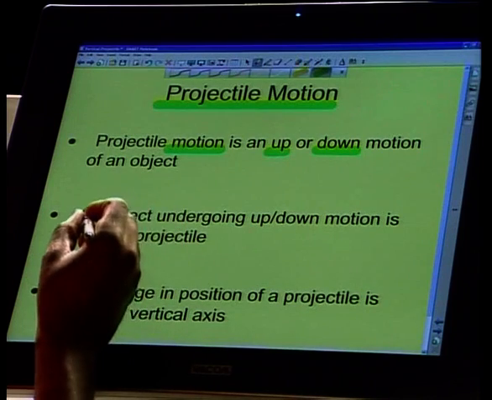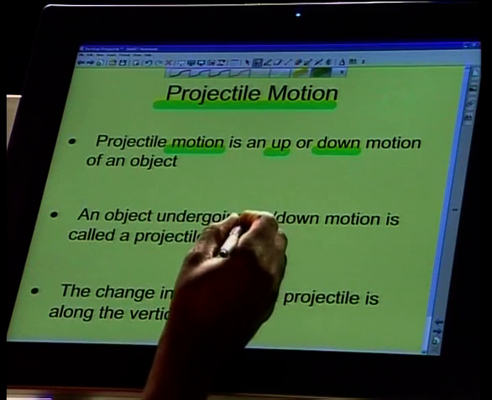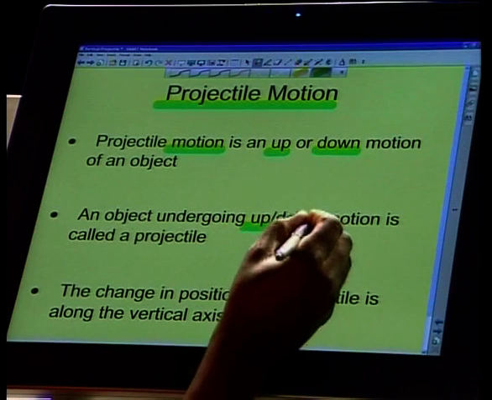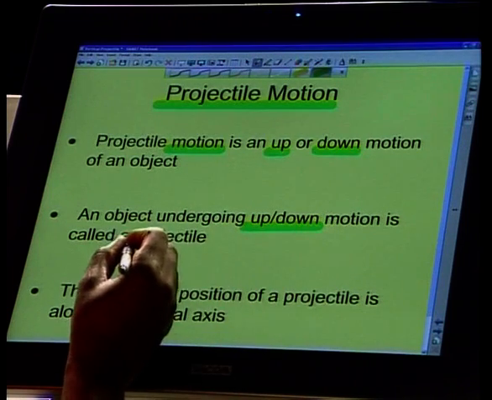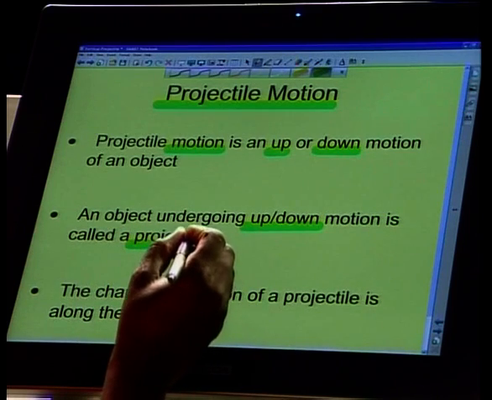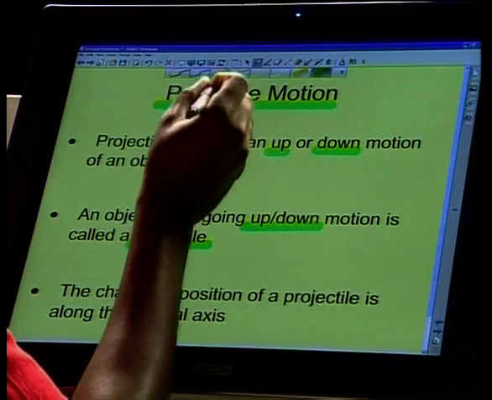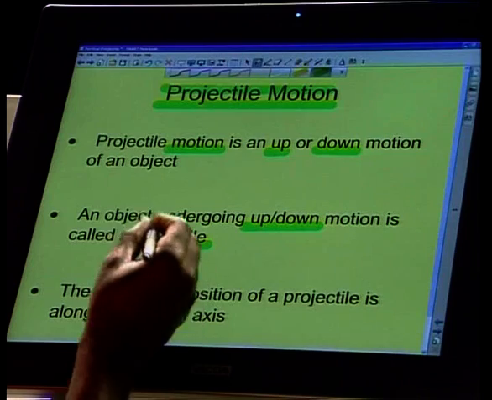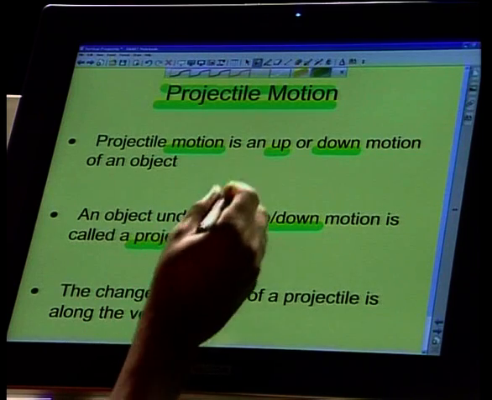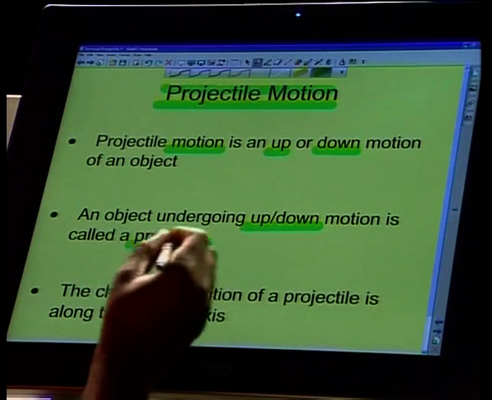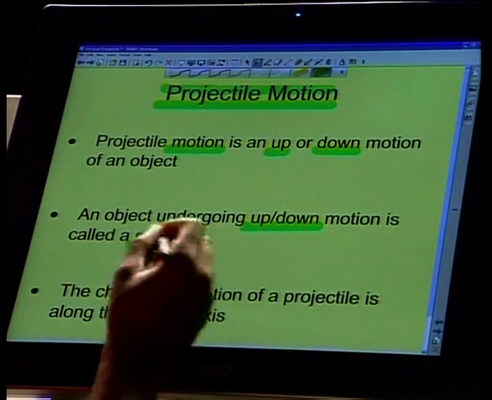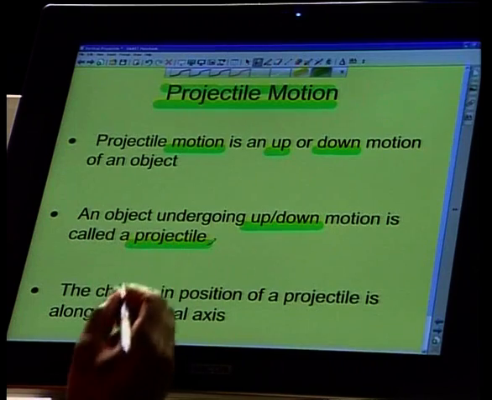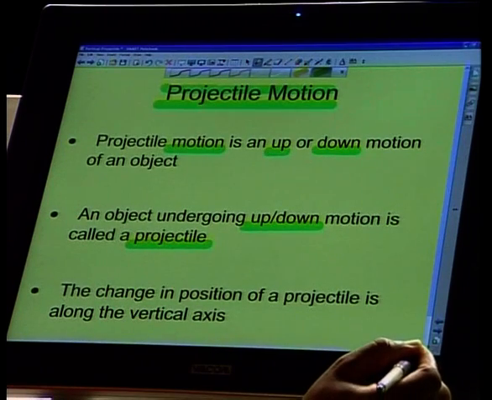And an object that is undergoing an up or down motion is called a projectile, hence the name projectile motion.